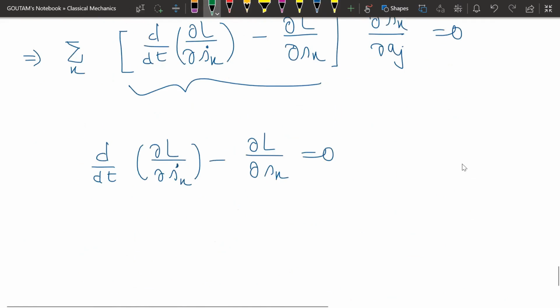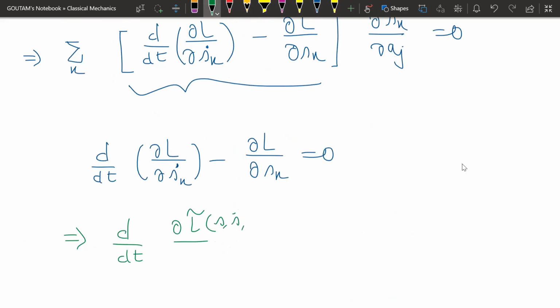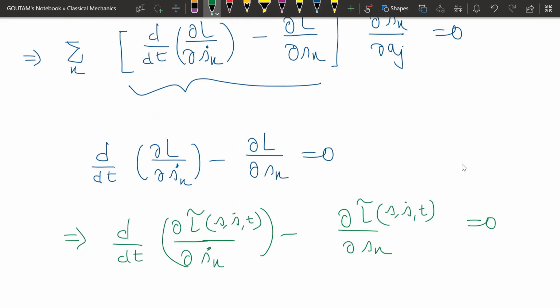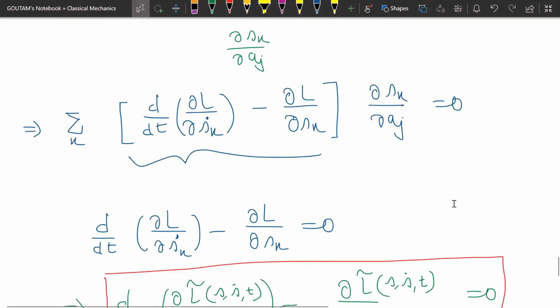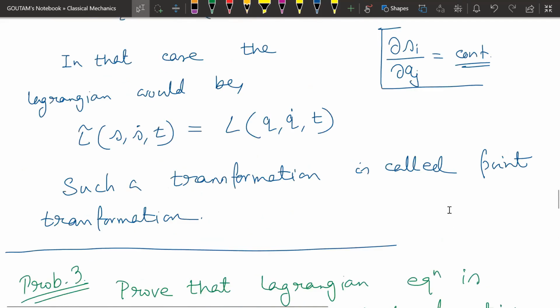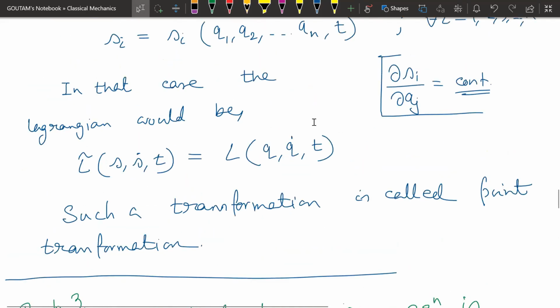And this L is a function of q's, but we can always write it as a function of s, s dot and t, because the Lagrangian is the same. The functional form is just different, but they are equal.